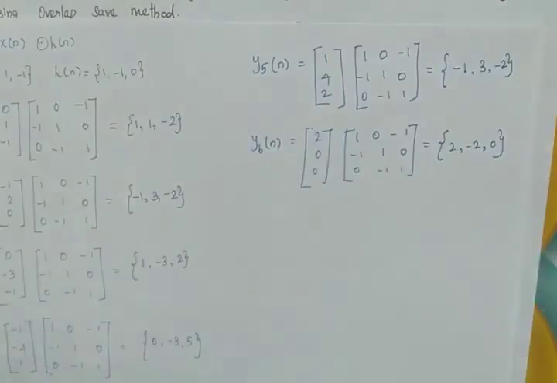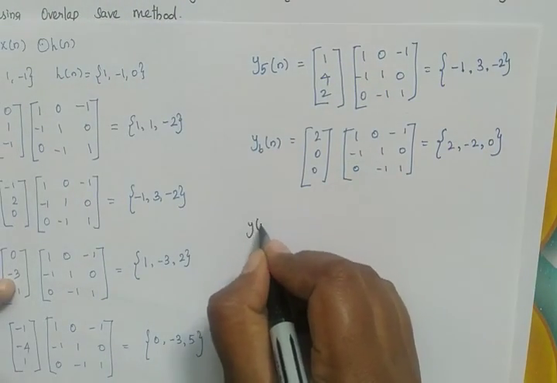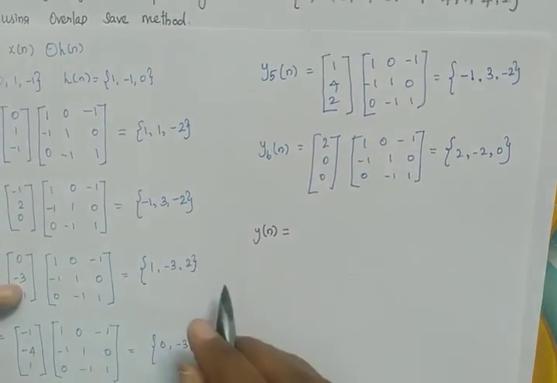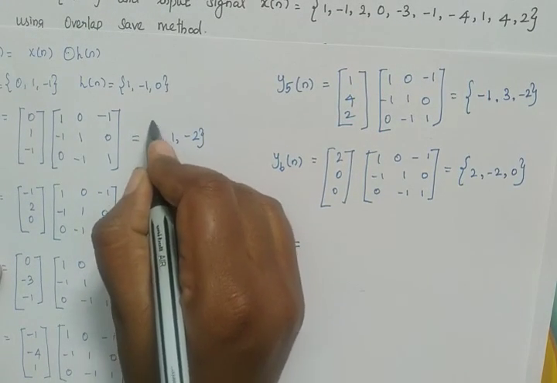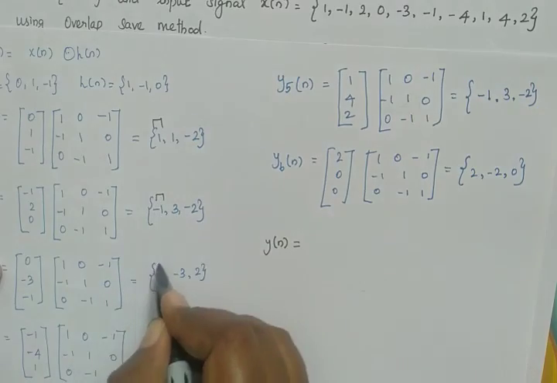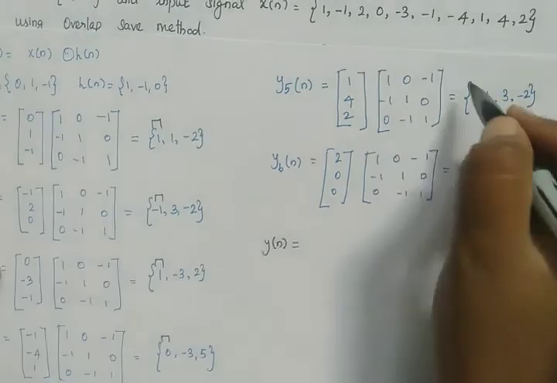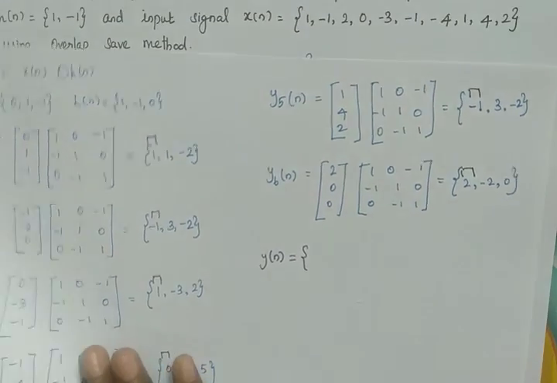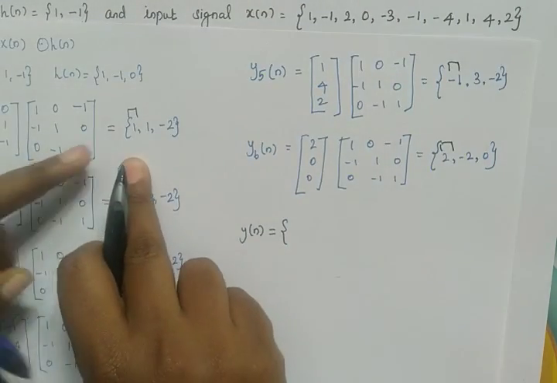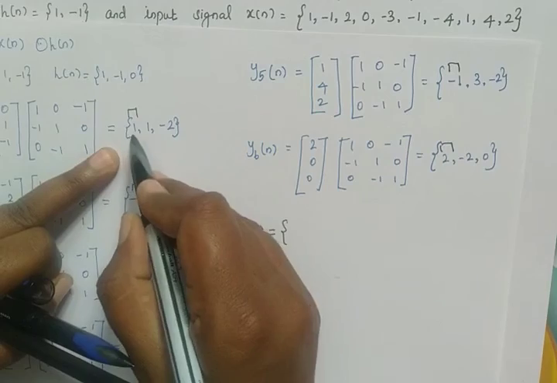Now we have to write the final answer, that is y of n. Since it is the overlap save method and we have added only one 1, we discard the first numbers and write the final answer. This is y1 of n, so let us discard this first number 1.